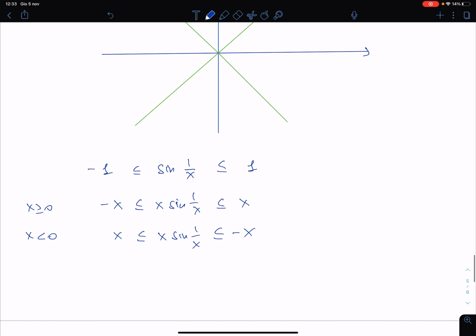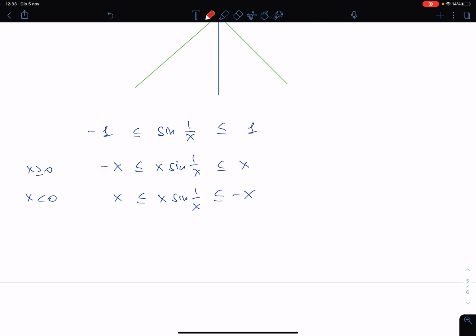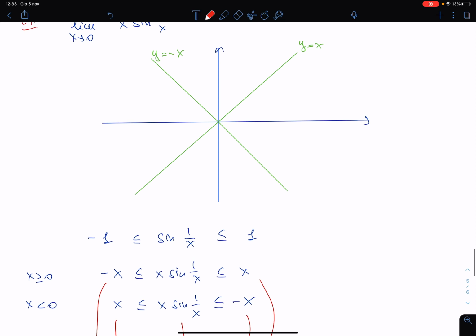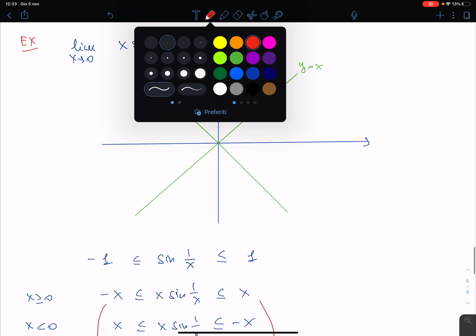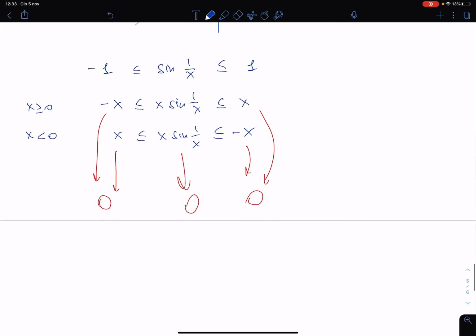In any case, what happens is, in both cases, we can apply the double comparison theorem, and the left side goes to 0, and the right side goes to 0, then by the double comparison theorem everything goes to 0. And the picture here is quite well explanatory, because here you have to stretch a sine graph in this way, but you see that at the end you go to 0.